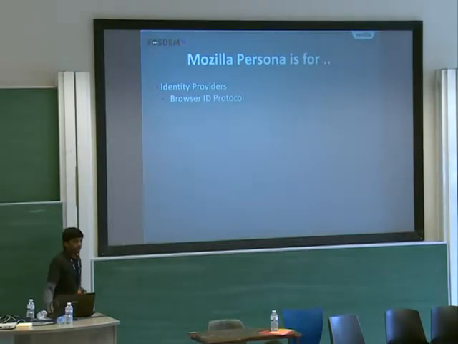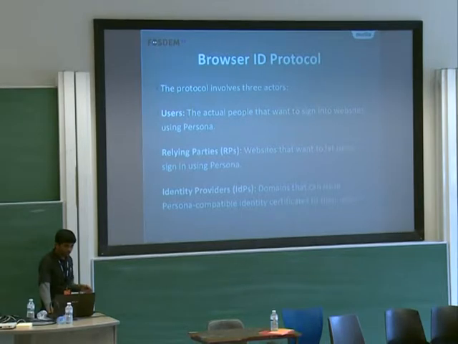And let me tell you, Persona basically works on the BrowserID protocol. So let me tell you how that BrowserID protocol works. Mainly this protocol has three actors: users, relying parties, and identity providers.